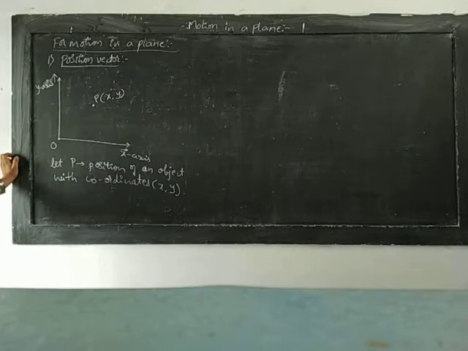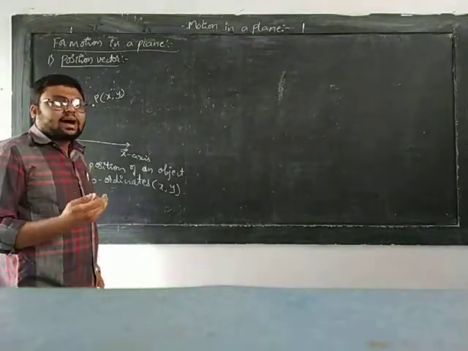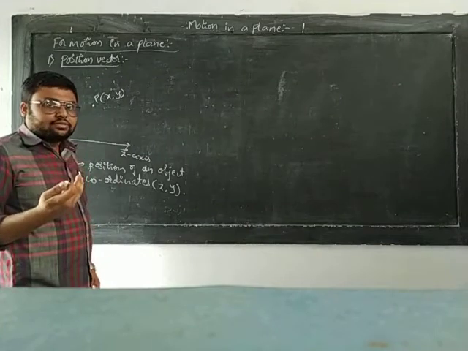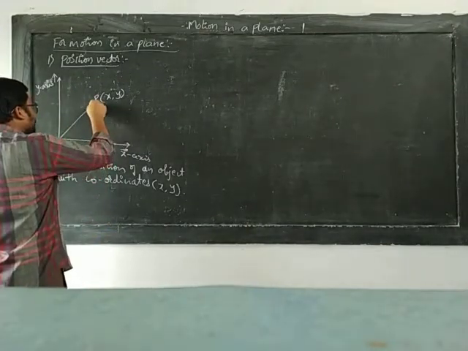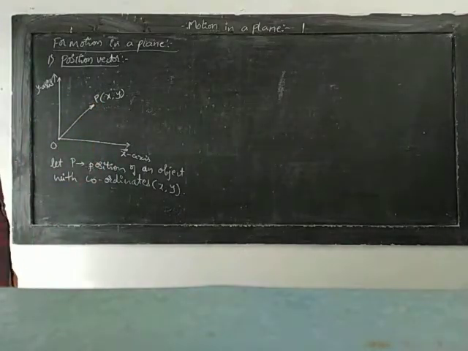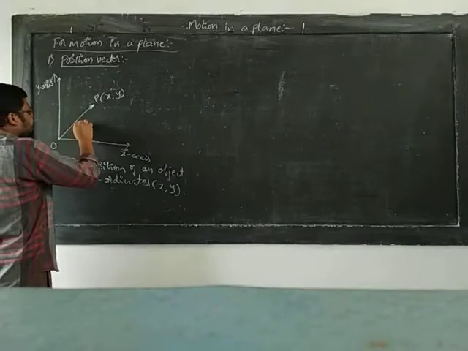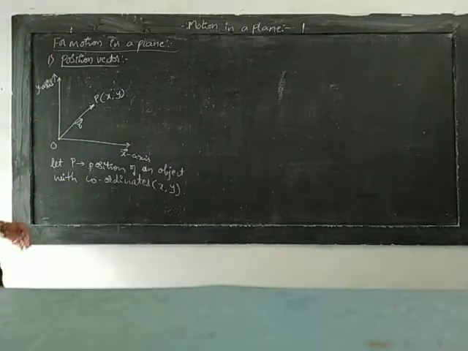Then the position vector is given by. How to represent the position vector? So here the position vector is used to represent the position of the particle with respect to the origin, right? So now I draw a line from origin to point P. So here this is the vector R which represents the position of the particle. So that is called the position vector.